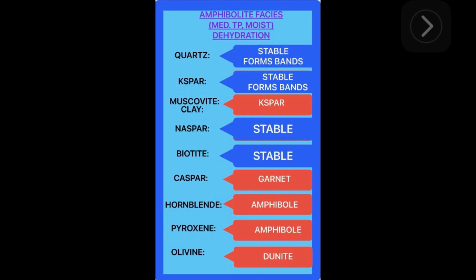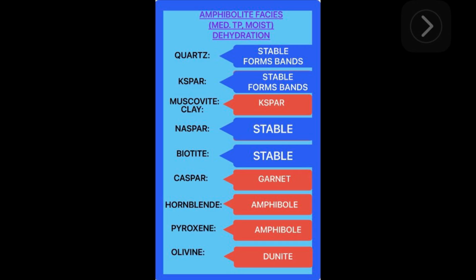It is stable and it also will participate in metamorphic banding. In Amphibolite facies, Muscovite and clay minerals get dehydrated and that turns them back into potassium feldspar. Sodium feldspar, mainly albite, and biotite are also stable at Amphibolite facies metamorphism.